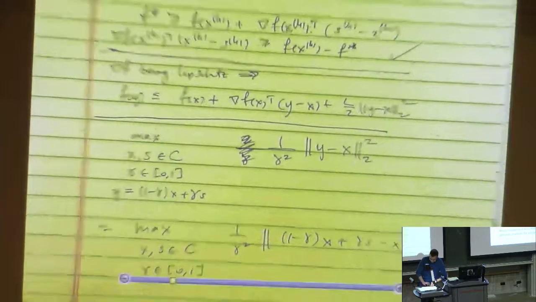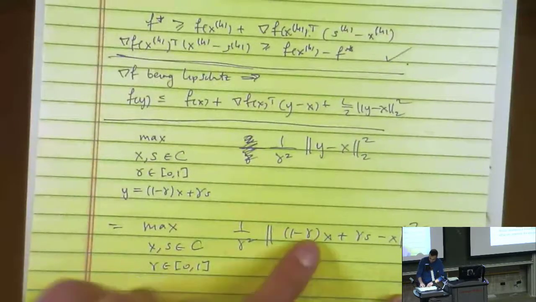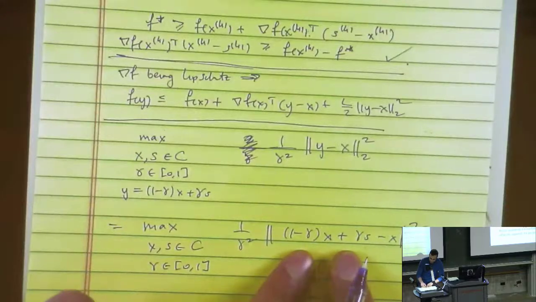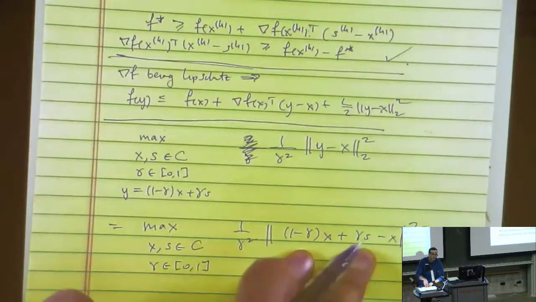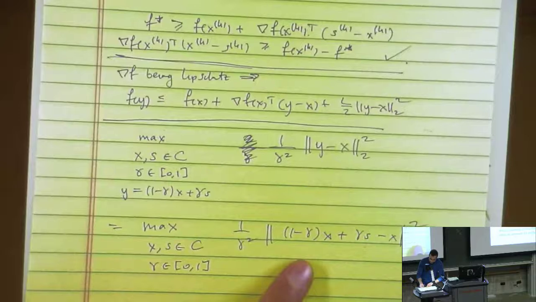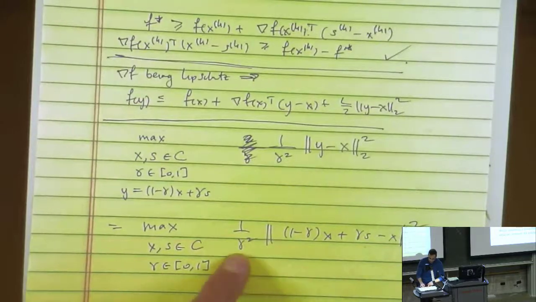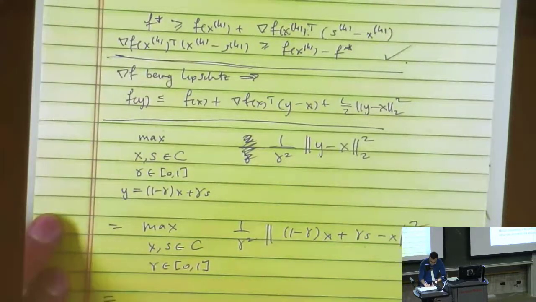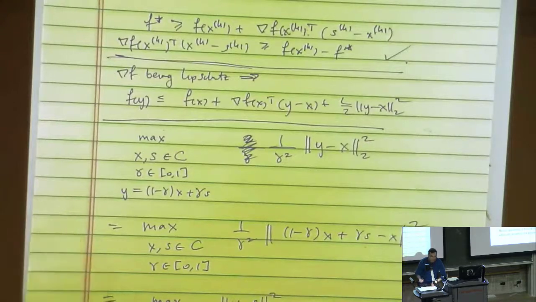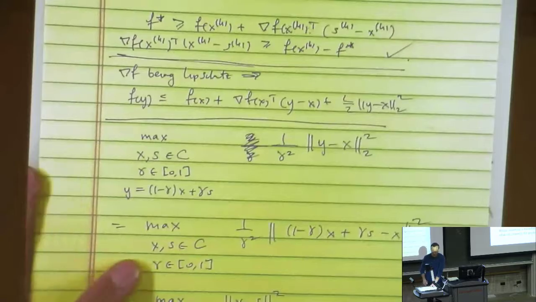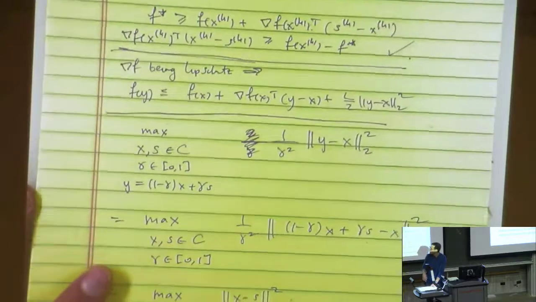And what we should see is that this is equal to this. Okay, this is equal to gamma s minus gamma x. So if I pull the gamma out, it cancels with this square. This is just equal to the maximum over all x and s in the set C of ||x minus s||squared. So it didn't end up mattering somehow what gamma was. It didn't appear in the max anymore.